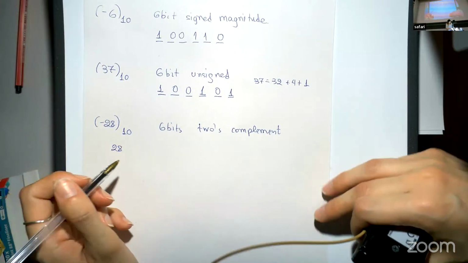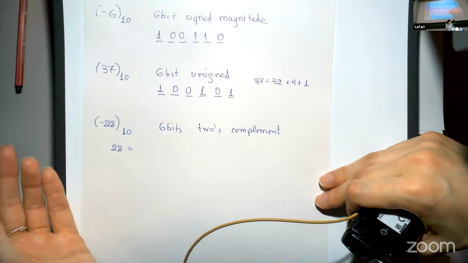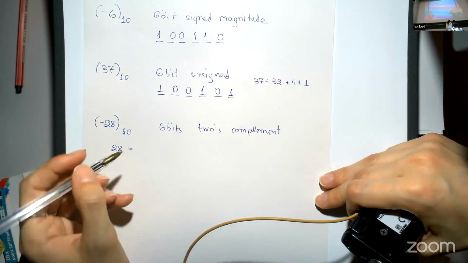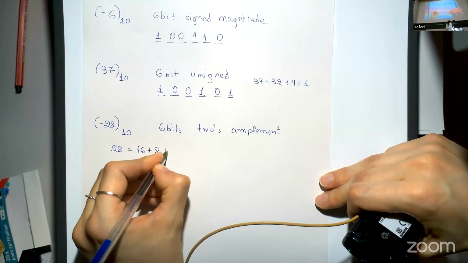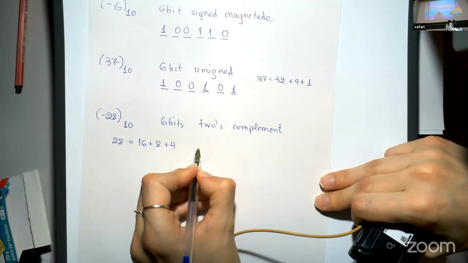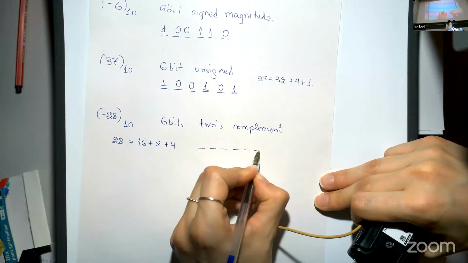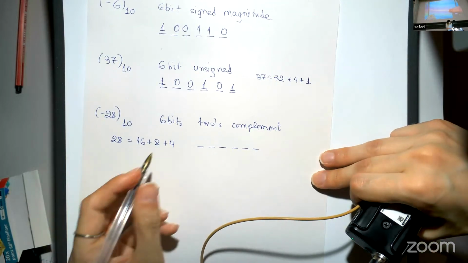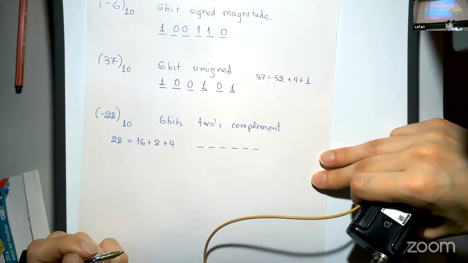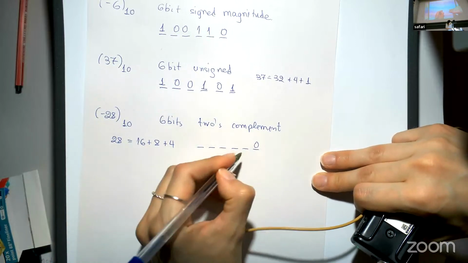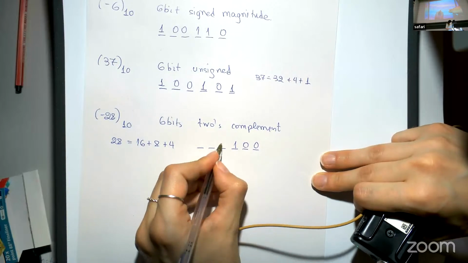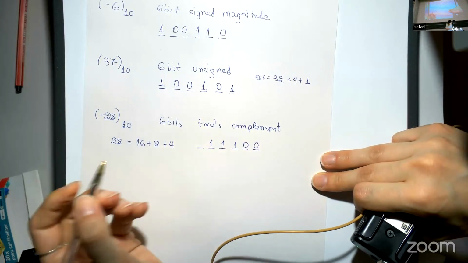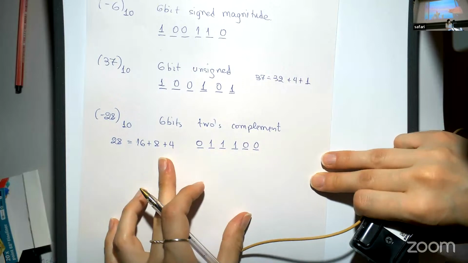Again, we write it as a sum of powers of 2. This would be 16 plus 8 plus 4, and we utilize 6 bits for that purpose. So we have 4, 8, and 16. So this is 28.